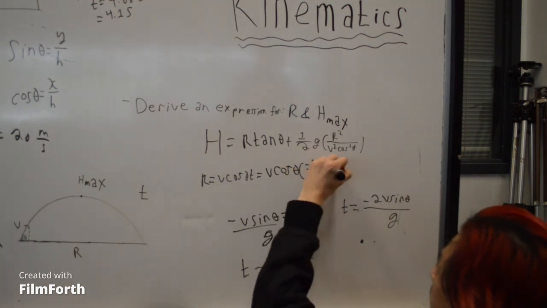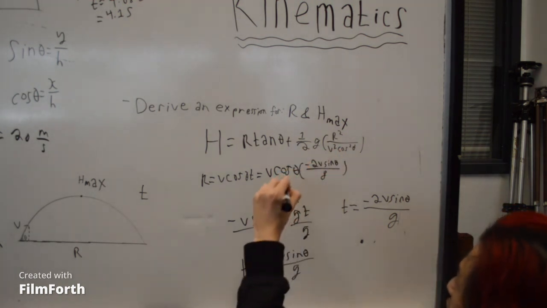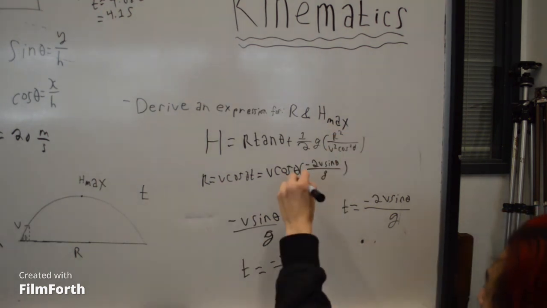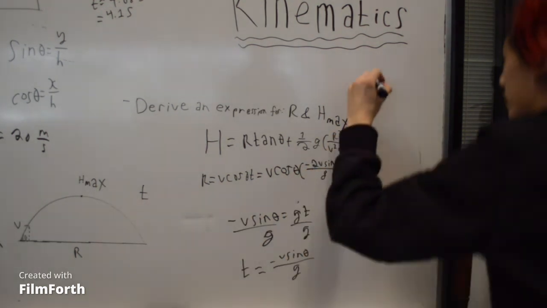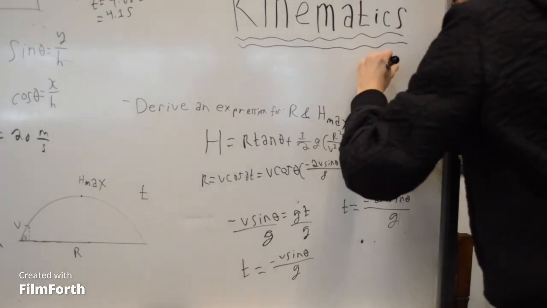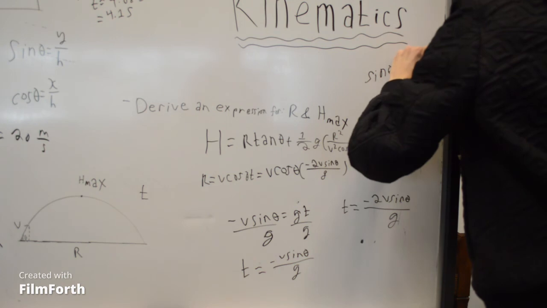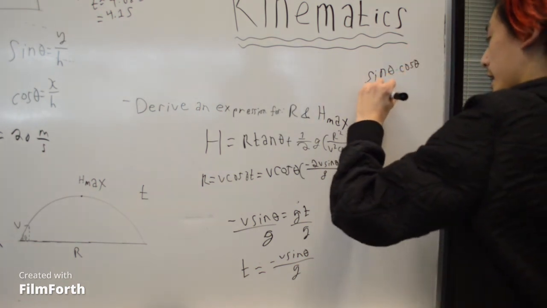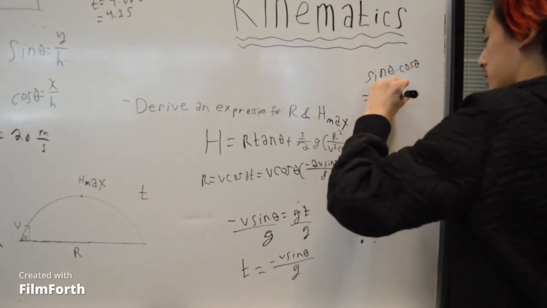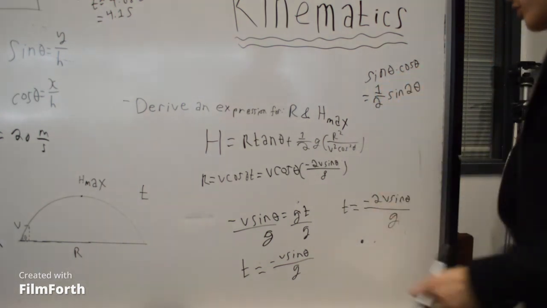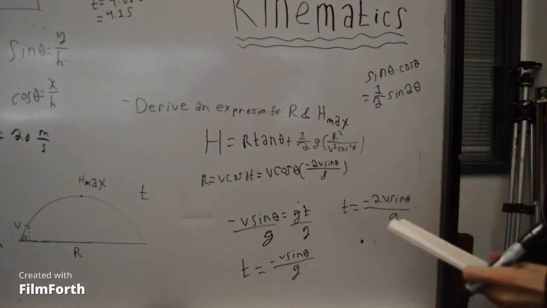over g. Now, another trigonometric identity one must know for the course is that sine theta times cos theta, I'll write it up here. Sine theta times cos theta equals half sine 2 theta. The actual expression is sine 2 theta equals 2 sine theta cos theta.